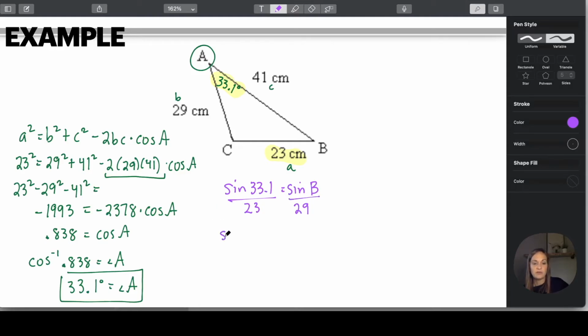And so therefore the sine of B is going to give me 29 times sine A divided by 23. So we know that the sine of B equals 0.6886.